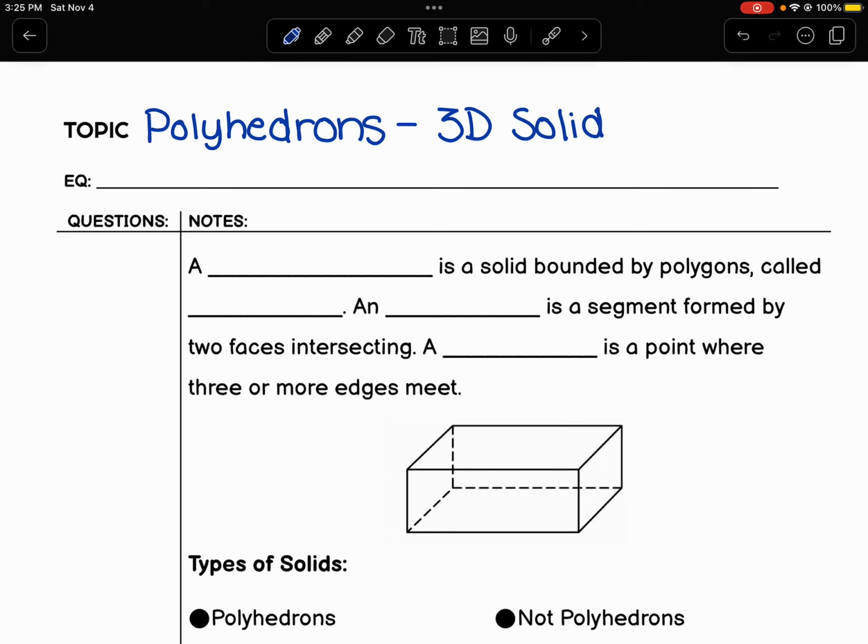And our central question for today is, what is a base? Hopefully, by the end of today, you will be able to answer that question.